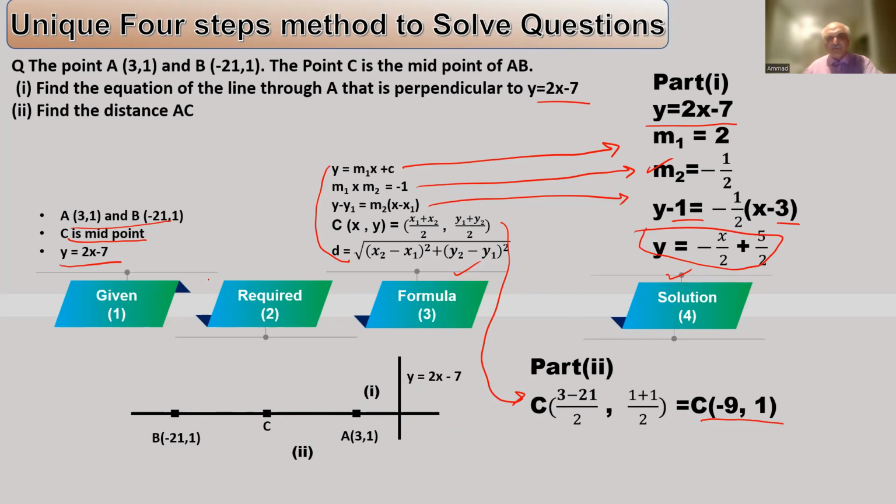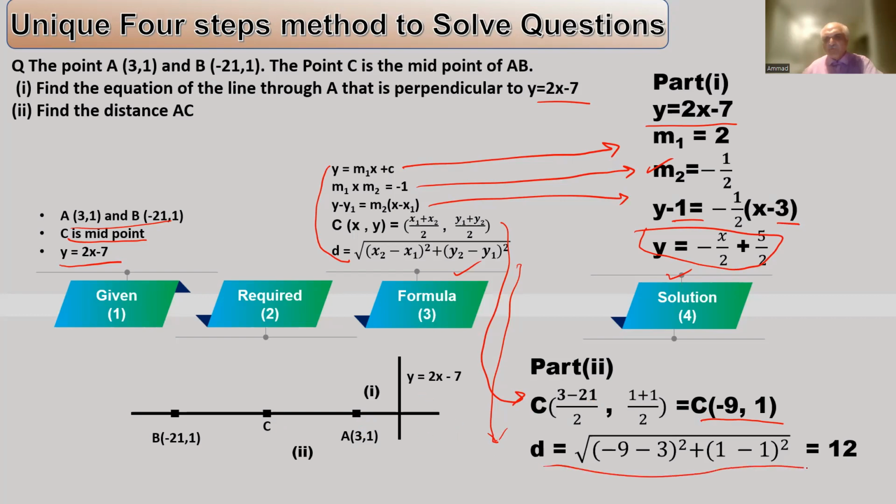Now we apply the distance formula to find the distance between A and C. A is (3, 1) and C is (minus 9, 1). So we put these values in this formula. Ultimately, we get 12 units, which is the distance between these 2 points.